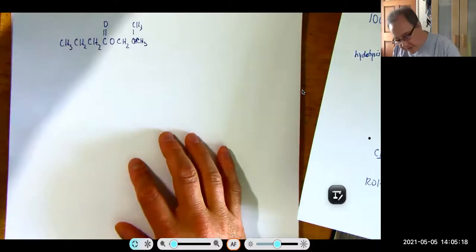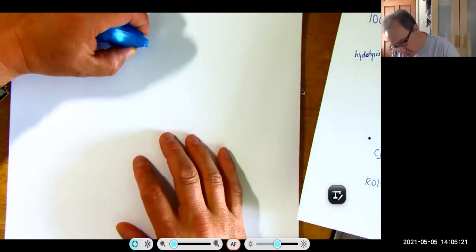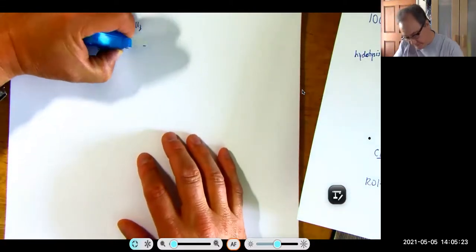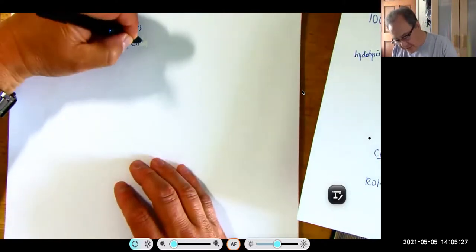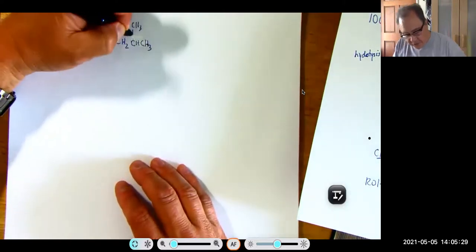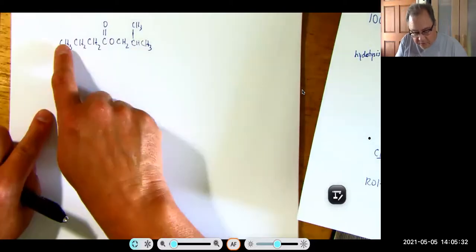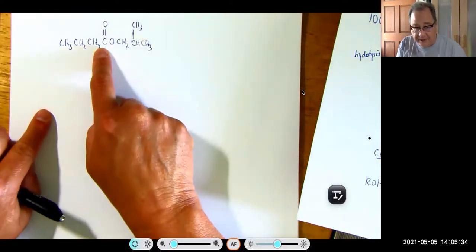So I can draw this a little bit better by using some white out here. And write CH3. So can you see that I have 1, 2, 3, 4 carbons that's going to become butanoic acid?